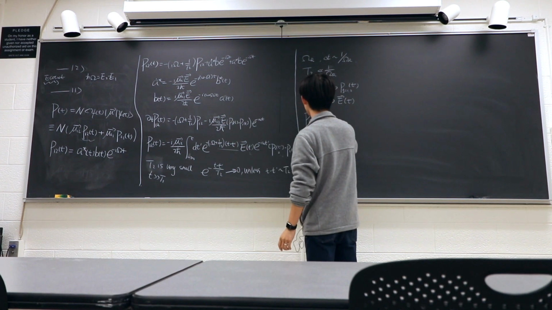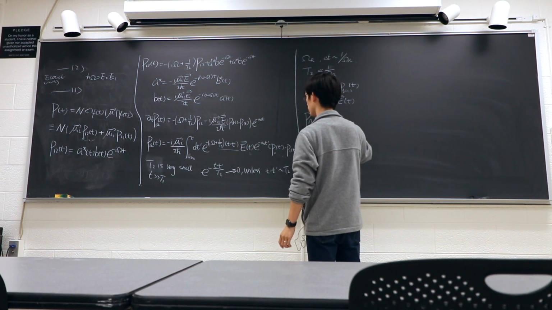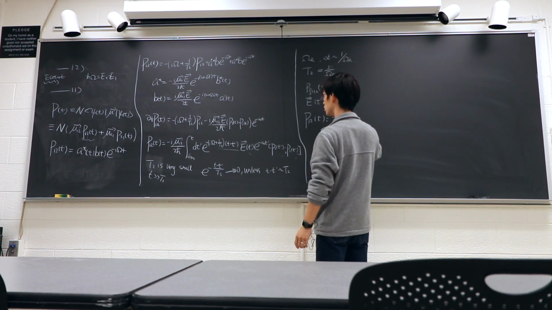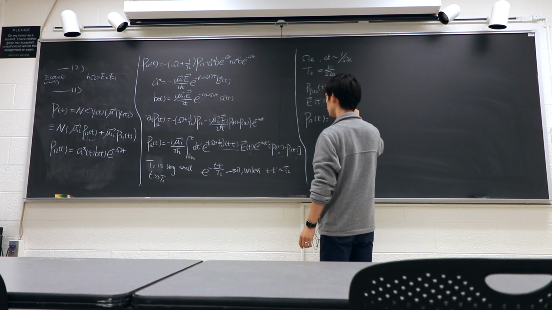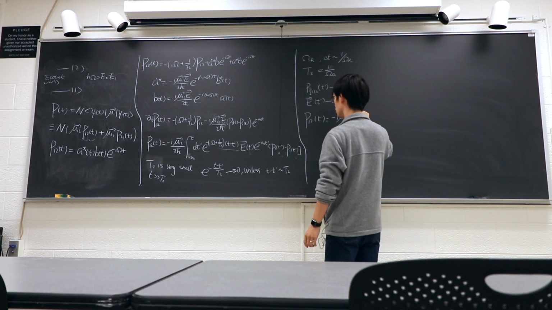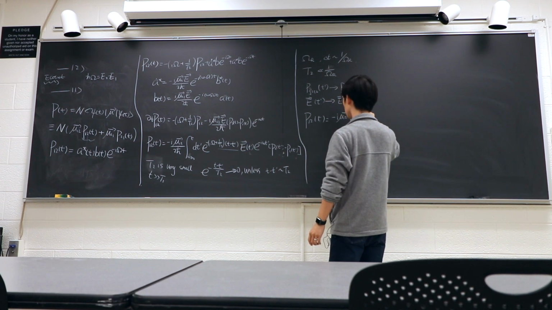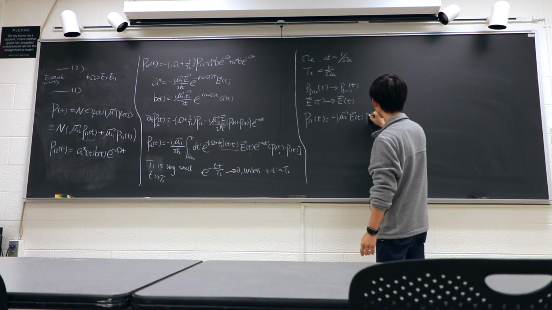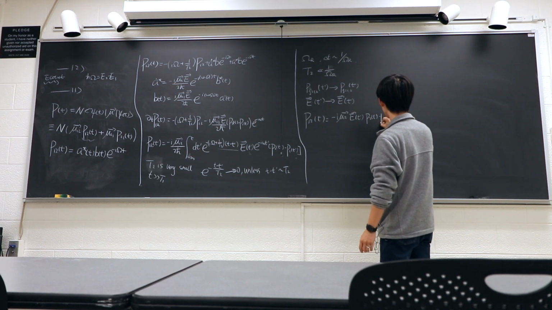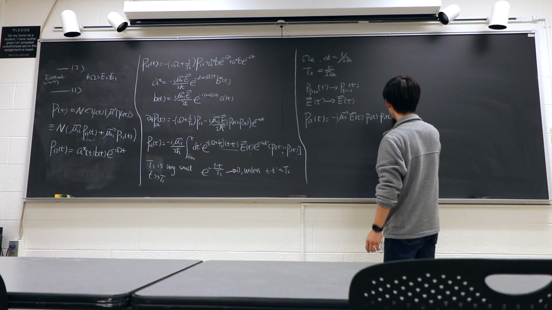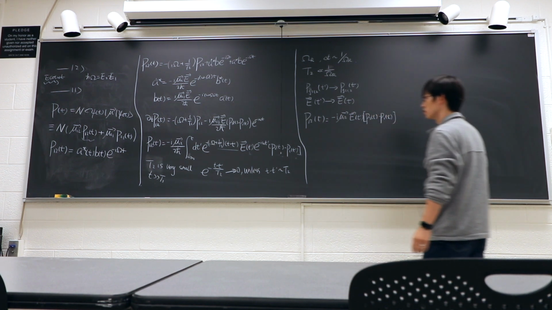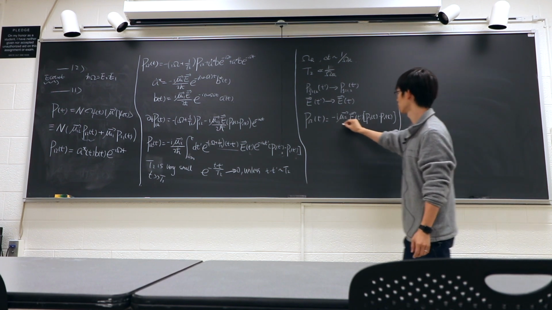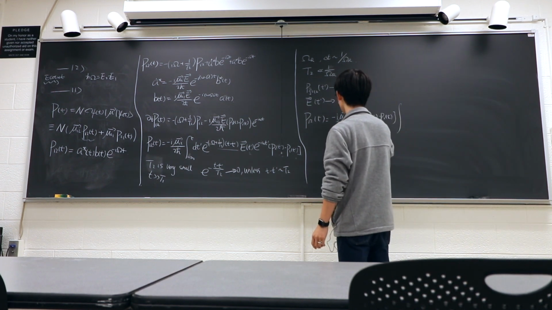So P12 of t equals minus i U12 E of t, and then P2 of t minus P1 of t, and then you have the integral, with 2 h bar.